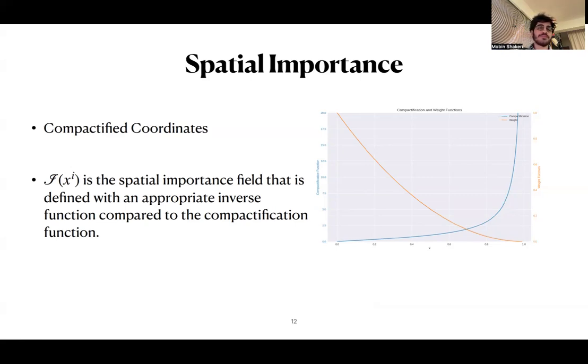One can also guess another function for spatial importance if it generally follows the inverse of the compactification transformation.